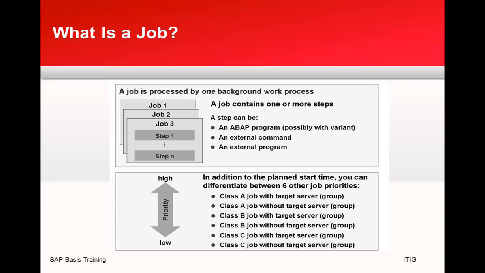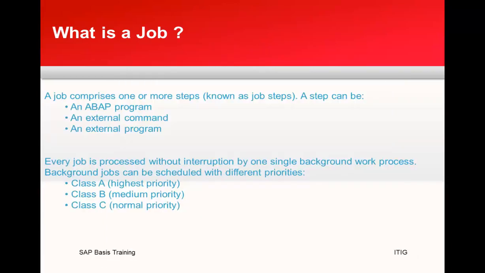A single step can be an ABAP program, possibly with a variant, an external command, or an external program. In addition to the planned start time, you can differentiate between 6 job priorities: class A job with target server group, class A job without target server group, class B job with target server group, and the same for class B and C jobs.